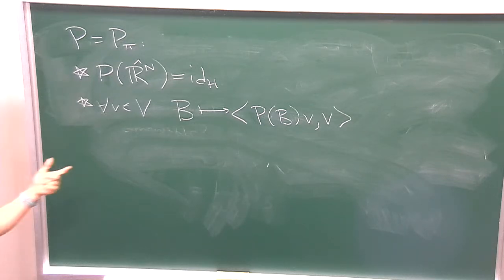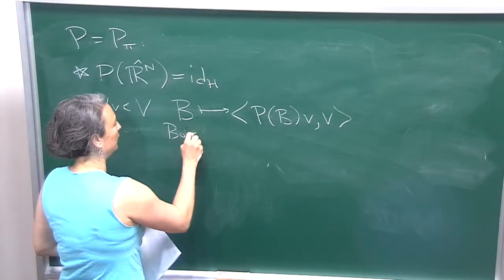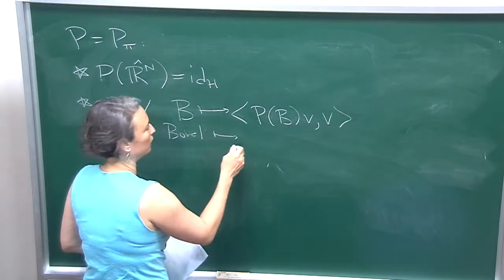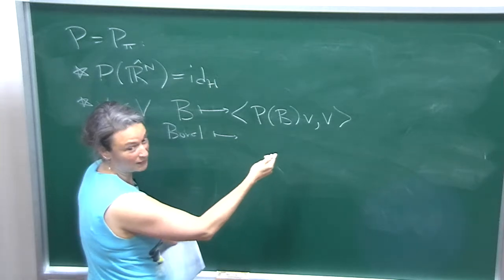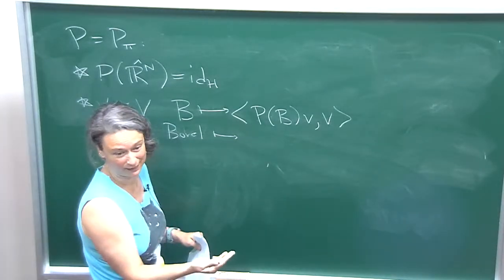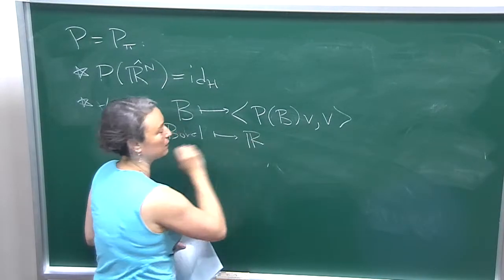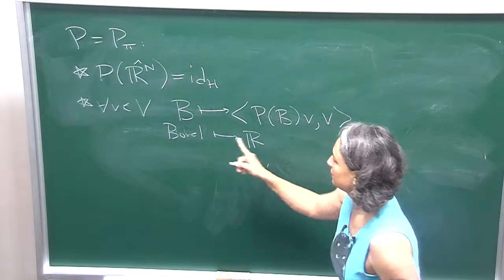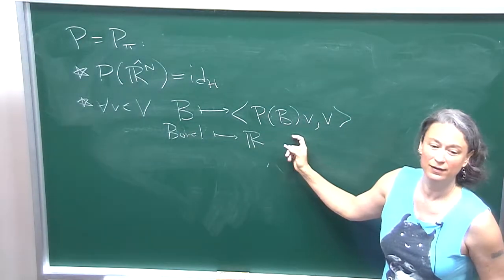Now this is an assignment taking the Borel measurable sets to what kind of object is this? It's a complex number, right? Actually, it's going to be a real number. That's part of the condition. And I'm assigning to each Borel set a number.